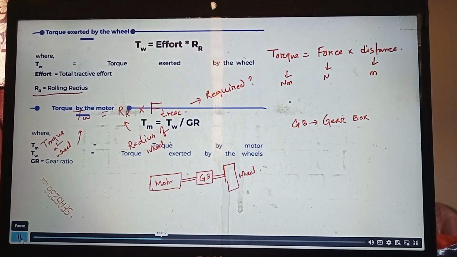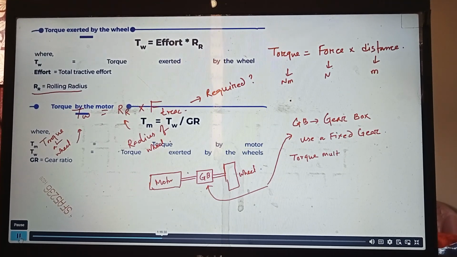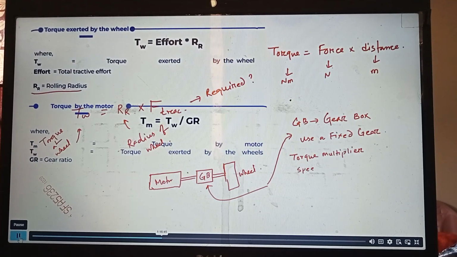So do note that the gearboxes used in EVs generally use a fixed gear, single set of gear, okay? And it is generally a torque multiplier gear. Torque multiplier definitely means speed reducer.